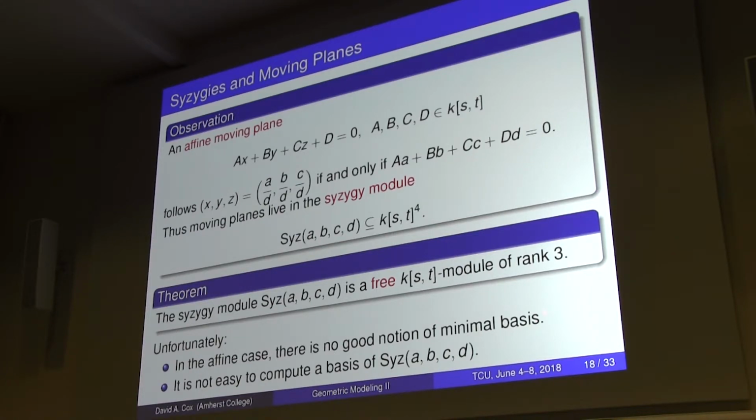There are some complications, because in this affine case there's no good notion of a minimal basis. In fact there are infinitely many bases. They can have arbitrarily high degree. So it's not at all like the projective case. There's no notion of a minimal basis for a free module. And it's also a lot harder to compute. This is related to the Serre conjecture: a finitely generated projective module over affine space is free.